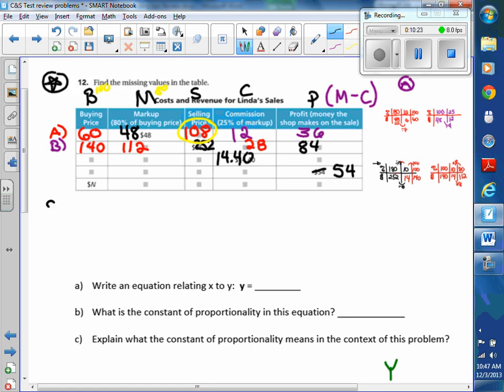So for part C, if you just take that commission, 1440, and times it by 4, you would get the markup, wouldn't you? The commission's a fourth of the markup. So 4 times 0 is 0, 16, carry the 1, 17, carry the 1, 57, 60. Okay. So that's the markup.